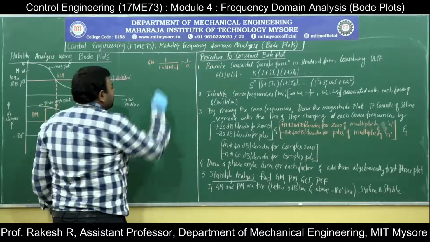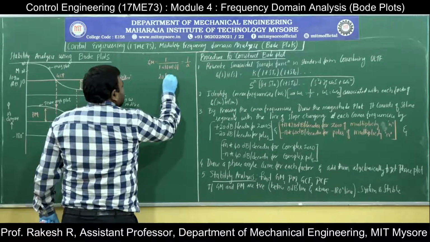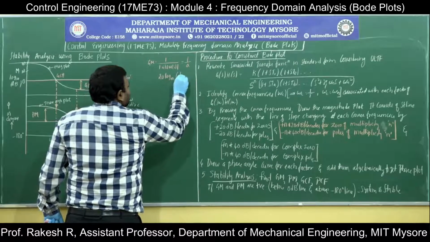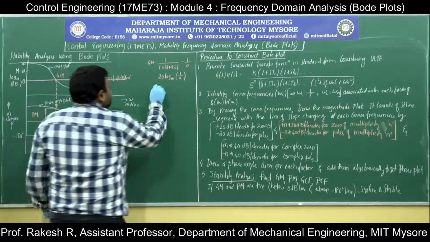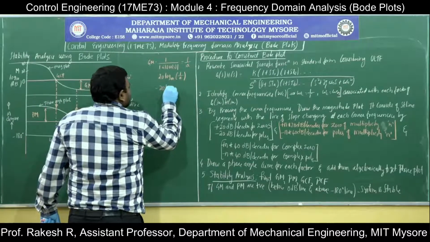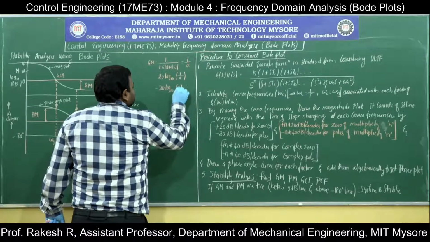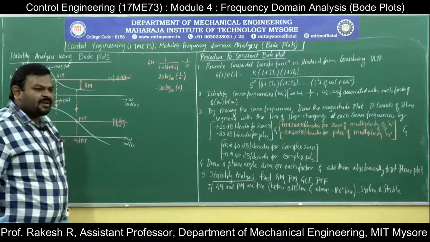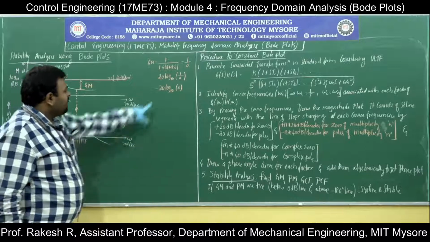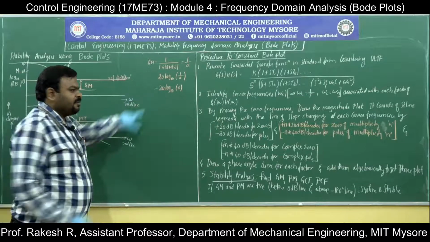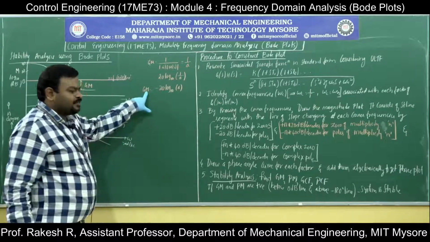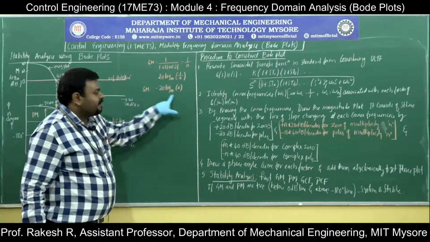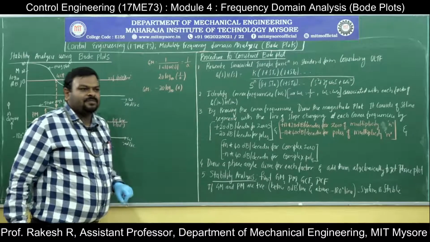If I want to convert that to a log scale, 20 log 10 of 1 by A. In other words, minus 20 log 10 A. If I want the value of gain margin to be positive, this term should be positive. How to make it positive?